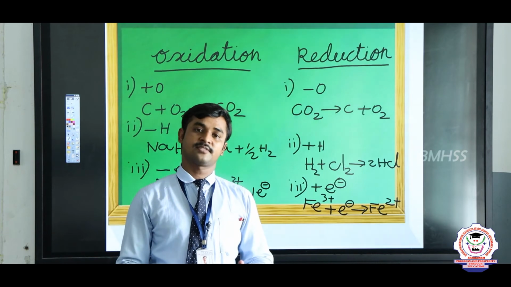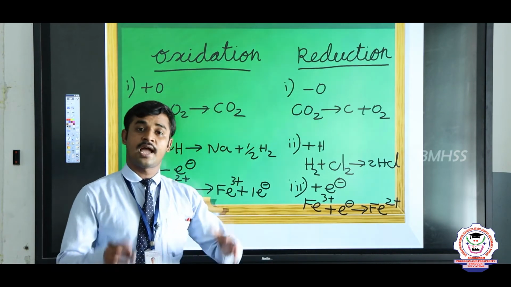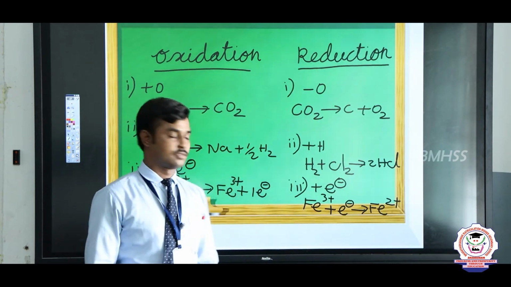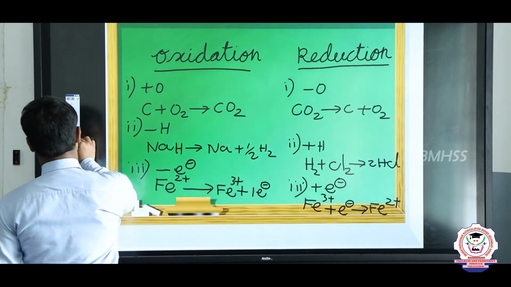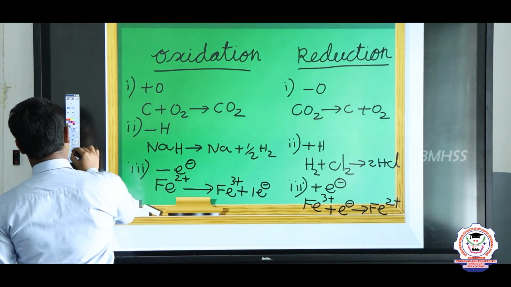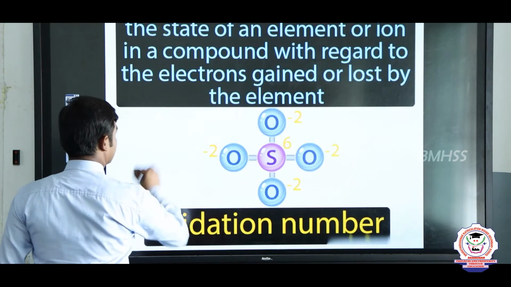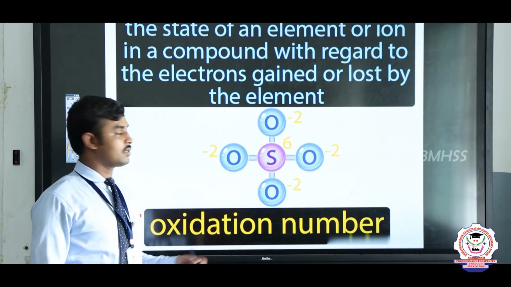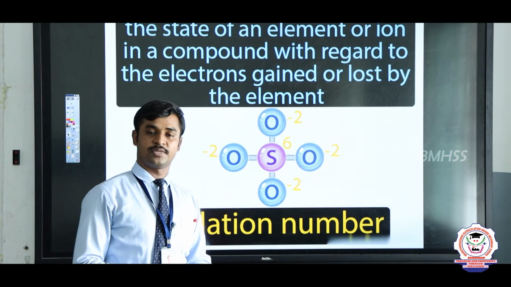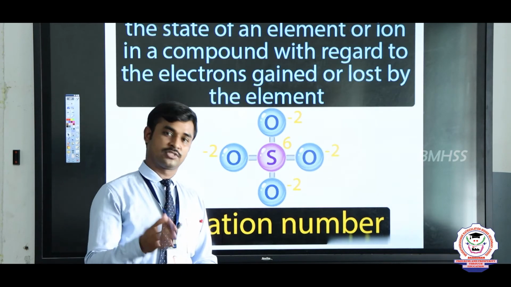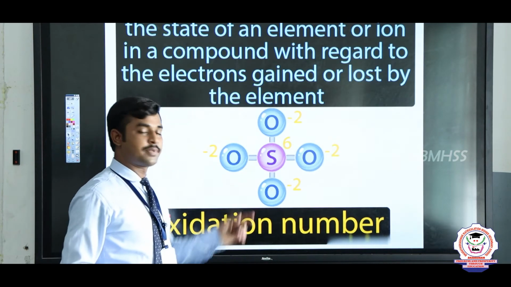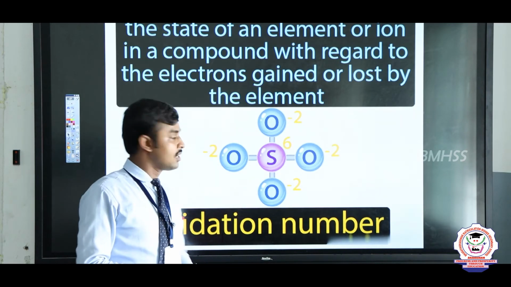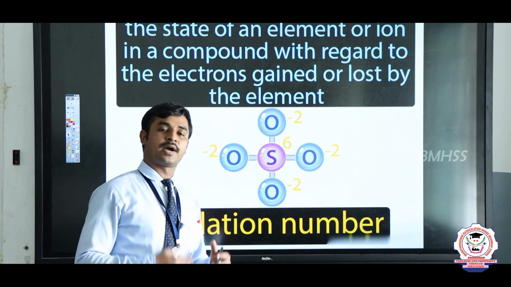And in redox reactions, oxidation and reduction simultaneously take place in a single reaction. I will show an example. Let us see, this is a molecule. This molecule contains SO4, that means one sulfur atom and 4 oxygen atoms, in which the sulfur atom has a positive charge of 6+, and each oxygen has a -2 charge.